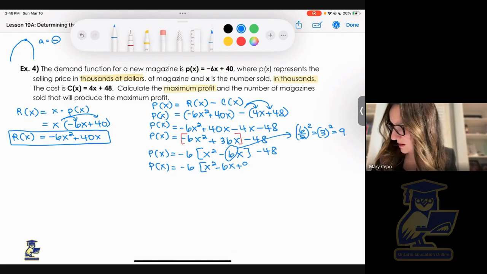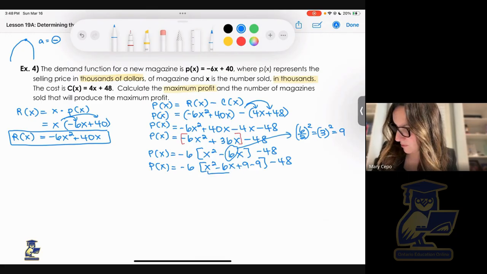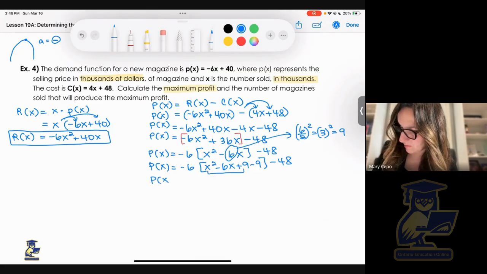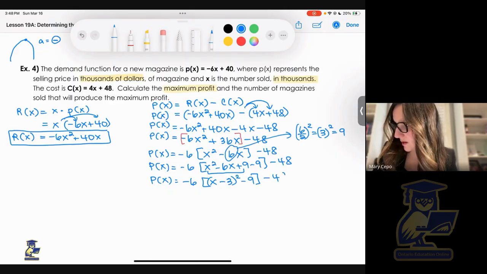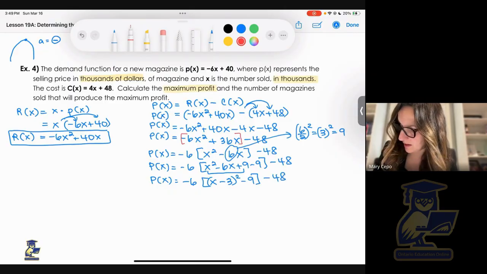We're going to add the 9, subtract the 9. We've created that perfect square trinomial: x minus 3 all squared, minus 48. Distributing that negative 6, remember, you only want it in front of that binomial because we're creating vertex form.